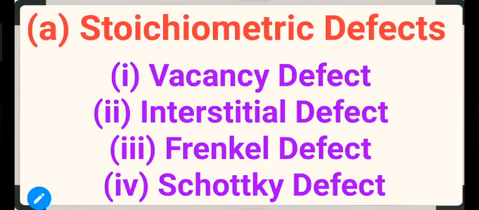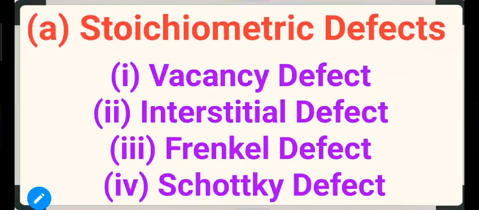Now let us move on to the next defects, Frenkel defect and Schottky defect. Now these two defects are seen in ionic crystals. So now we will use examples of ionic compounds. But first, with any kind of defect, whether it is stoichiometric, impurity or non-stoichiometric defect, it doesn't matter. All ionic compounds will maintain neutrality.